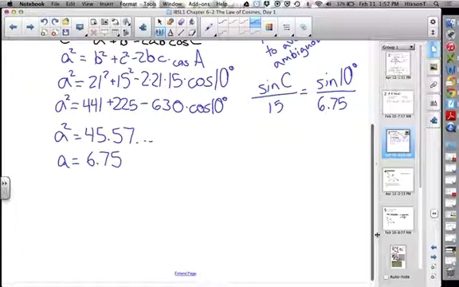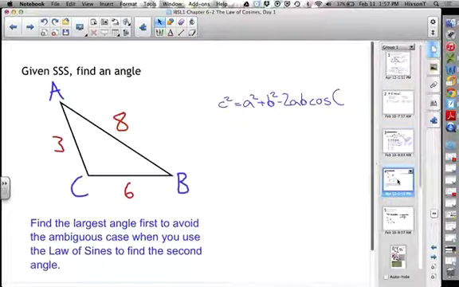Alright? Alright. Now, our other case is when we're given side, side, side. And again, you can use a simple strategy to avoid that ambiguous case when solving an oblique triangle, okay? When you're given all three sides, there's no ambiguous case for the law of cosines. It was only going to happen for the law of sines.